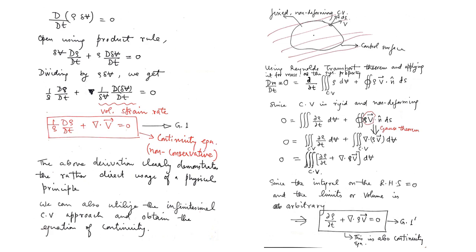Now just to compare and show you, although I will not be following this approach in this course, the control volume one I will not be following, but just to show you when I say that why I prefer the direct approach of fluid particle, you will just to make that clear in your mind, I have just shown how we can obtain a differential form of continuity using an infinitesimal control volume.